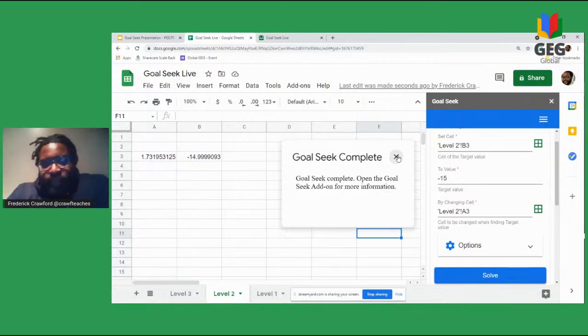So notice when I solve, I pretty much still got a number that was very close to 15. It was much closer than the last time. I can go and try one more time just for the heck of it.